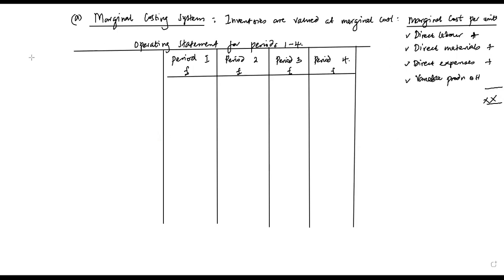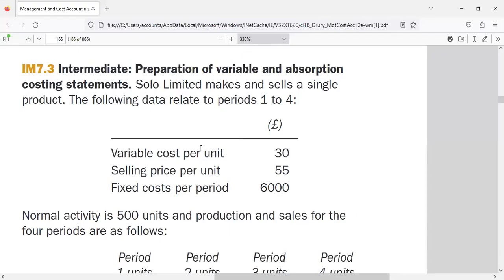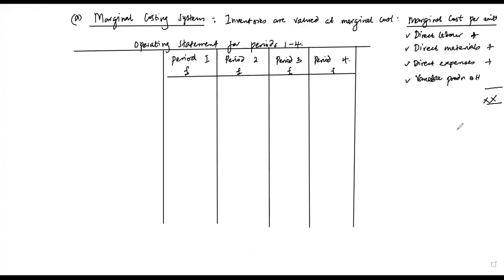And of course, now when you try to look at the information given, I'll take you back briefly to the question. We have been given the variable cost per unit, which is 30. That's nice. This time we are not calculating the variable cost per unit. It has been given as 30 in the question.